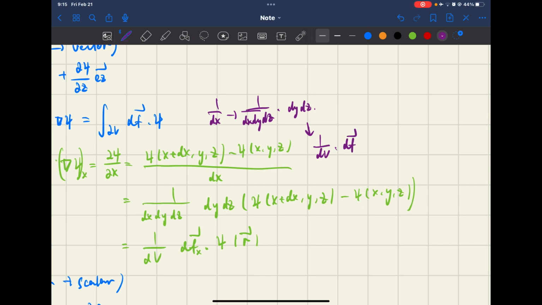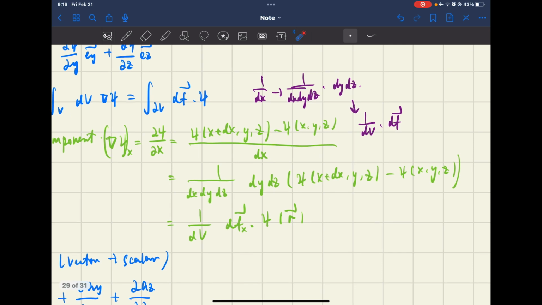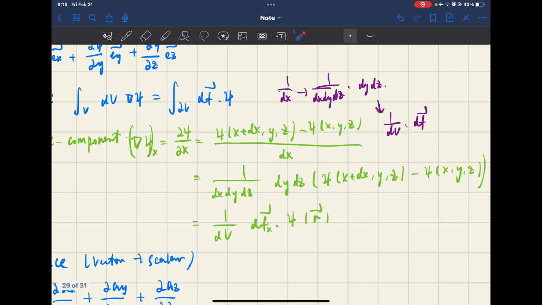Since dy dz is the dy segment on the y-axis times the dz segment on the z-axis, it's an infinitesimal area element. And the first denominator is an infinitesimal volume. After making this substitution, we can prove the whole property using concepts in calculus.